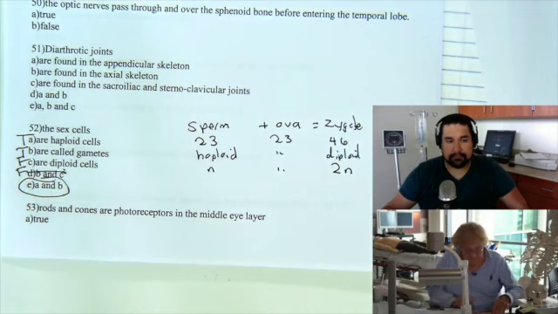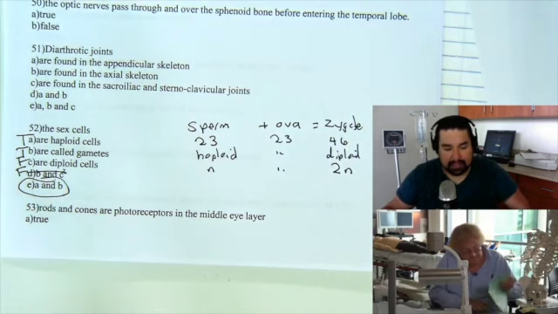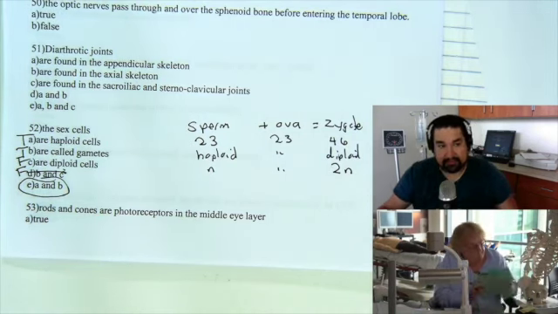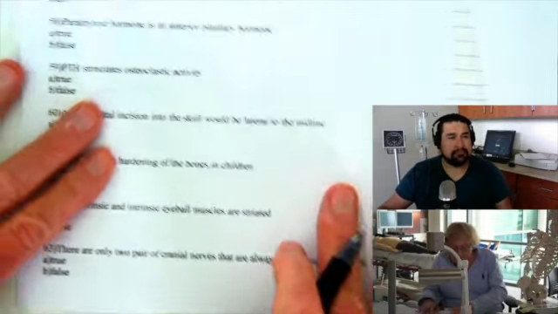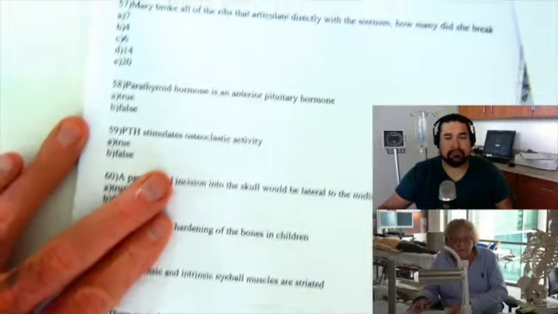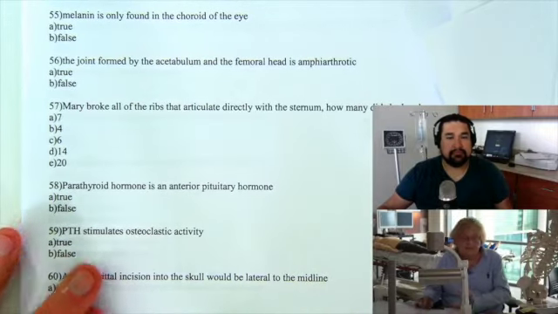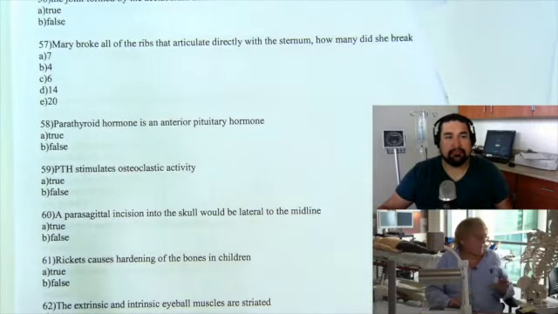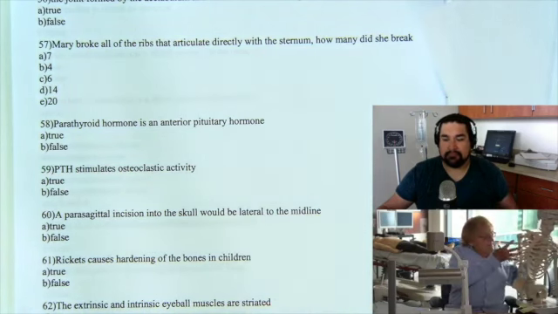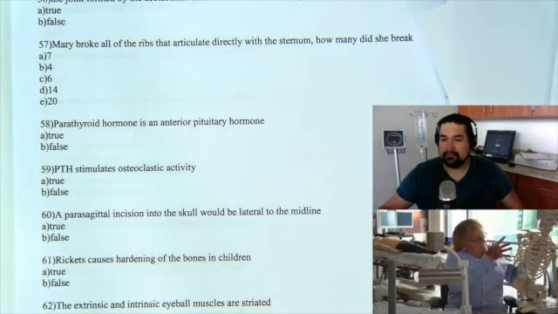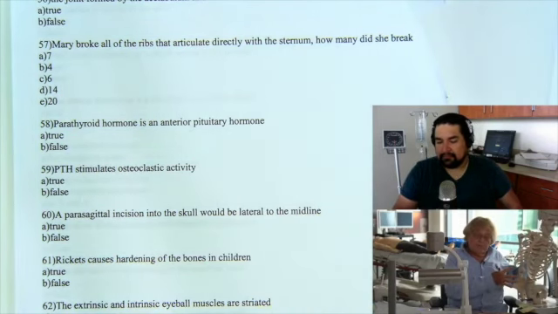Any other ones we should maybe take a look at? Let's take a look at number 57. 57 says, yeah, that's a really good question. The reason being, again, if I could get my friend here to cooperate with me, as I look at the ribs here, you notice that there's basically going to be different types of rib. There's true ribs, there's false ribs, and there's floating ribs.